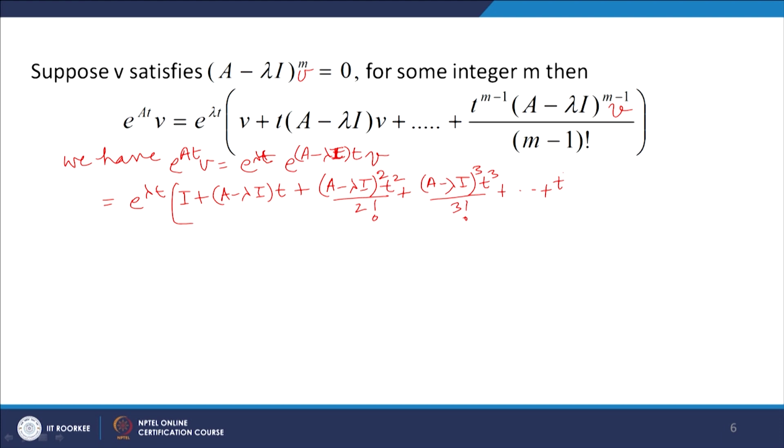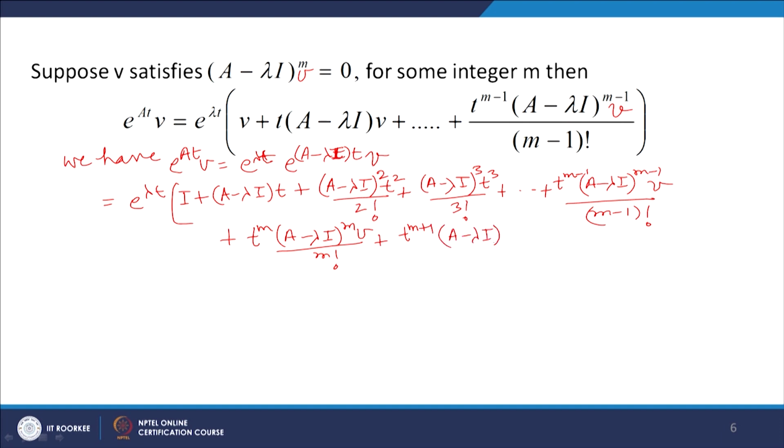Then t to the power m minus 1 (A minus lambda I) to the power m minus 1 b upon m minus 1 factorial, and then we have t to the power m (A minus lambda I) to the power m b upon m factorial, and then so on, t to the power m plus 1 (A minus lambda I) to the power m plus 1 b upon m plus 1 factorial, and so on.